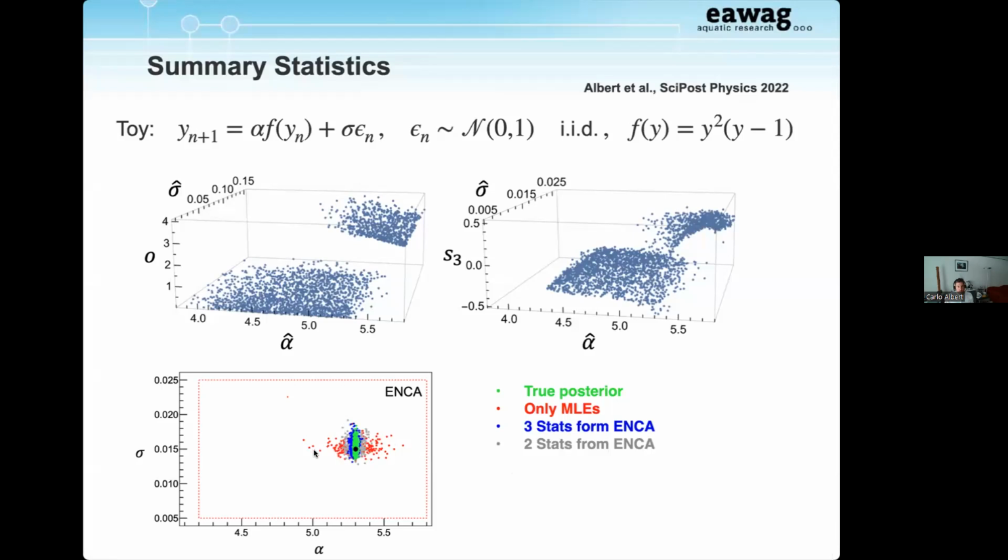The red one, the big one, is what you get when you do inference only using maximum likelihood estimators, and you see we lose quite a bit of information about the alpha parameter because we don't know in which of the two attractors the data is. The blue one is the approximate posterior that we get if we use the three statistics that have been learned by our autoencoder, and we see it's pretty close to the truth. So it does a pretty decent job in learning all the information that is relevant.